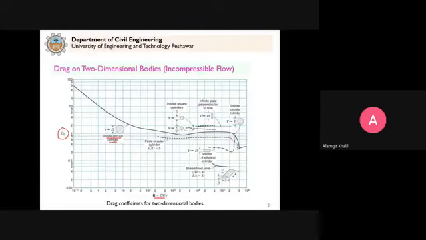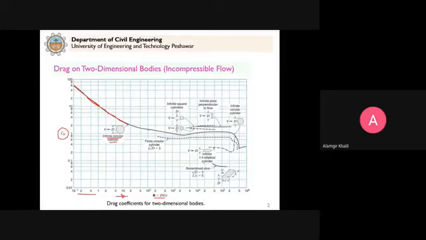Clear? So in this case, when the Reynolds number is low, in this range, CD follows this straight line here. And as the Reynolds number increases, we move in this direction, so it follows this curve.